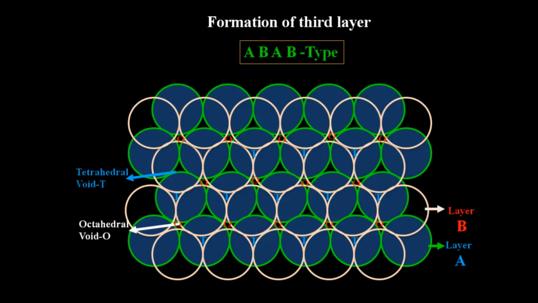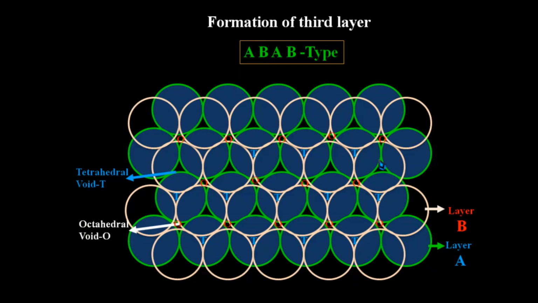If the spheres of the third layer are placed on the triangular shaped tetrahedral voids of the second layer, then a three-dimensional closest packing structure is obtained in which the spheres of the third layer lie directly above the first. That means if we arrange the third layer exactly aligned with the spheres of the first layer, the green spheres, then automatically we cover the tetrahedral voids.